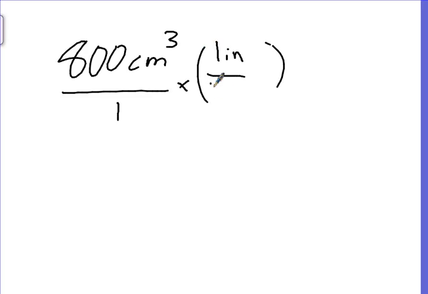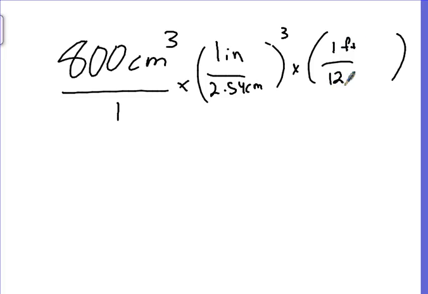That's 1 inch over 2.54 cm, to the 3rd power. Now we've got it in inches, we want to make it feet. Times 1 foot over 12 inches, to the 3rd power.